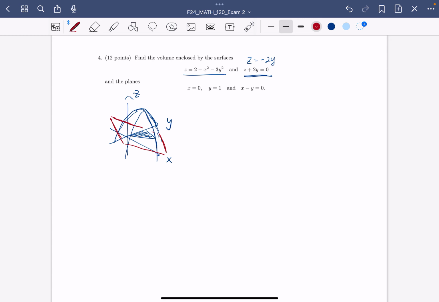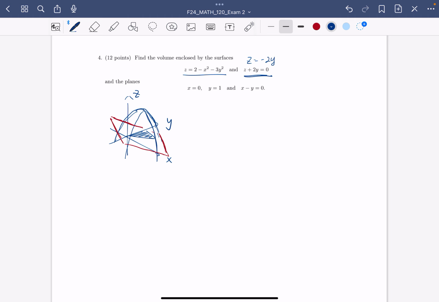Okay, I don't think this plane is accurate, but this can serve as our intuition to simplify this problem using a double integral.